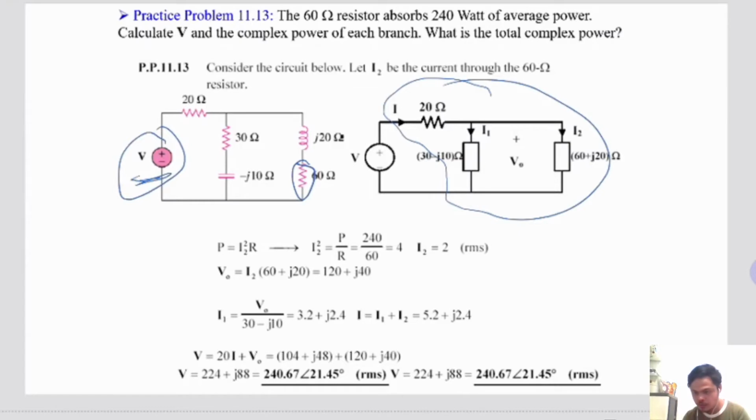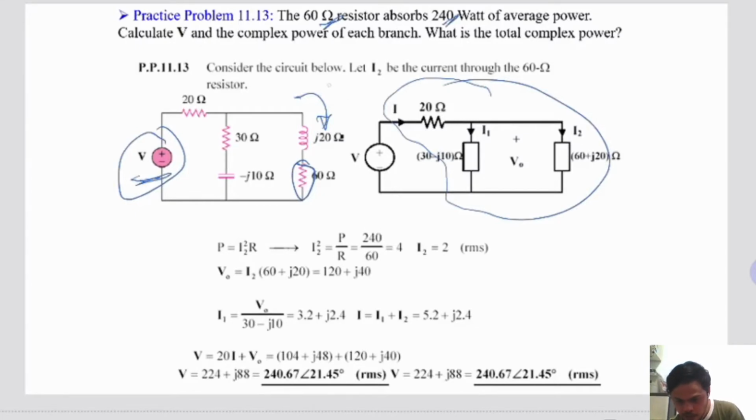Here we need to determine first the current as well as the voltages in order to find the individual power or complex power in the system. We can start by determining the current flowing into this branch. Since the 60 ohm resistor absorbs 240 watts, we can determine the current.